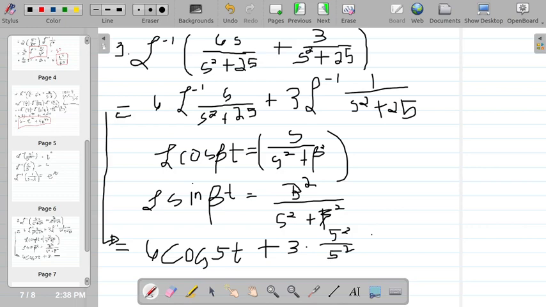Then the inverse Laplace of 1 over s squared plus 25.